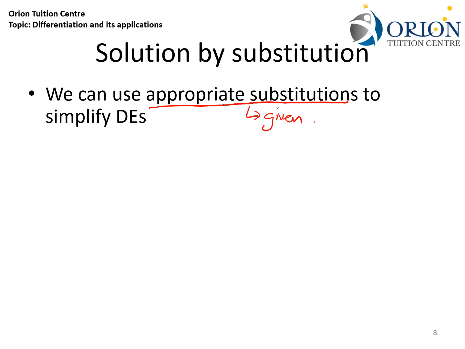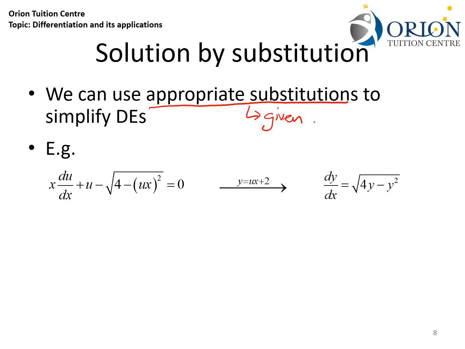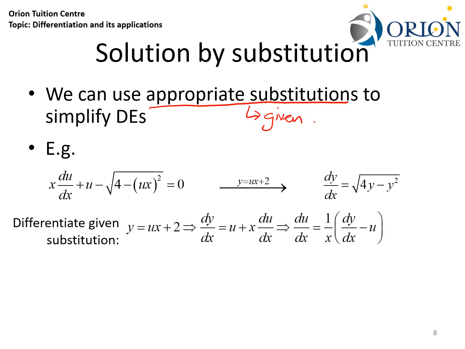For example, we have this DE and we are required to make use of this substitution, y equals ux plus 2, to reduce the DE into this particular form, which is what we are familiar with solving. To solve the transformation, we first differentiate the given substitution and make du dx the subject. This is because we want to make a substitution for it later on.